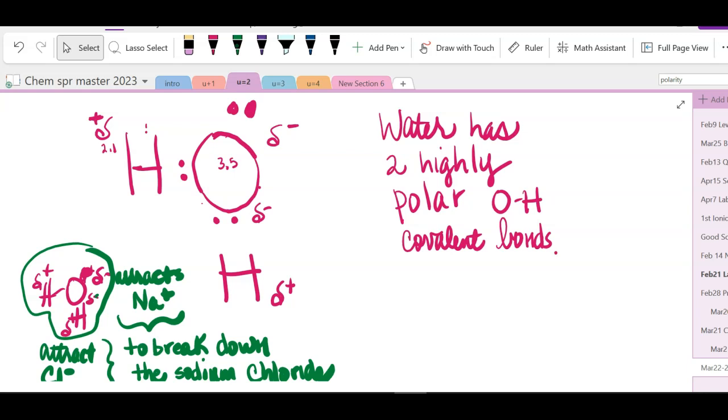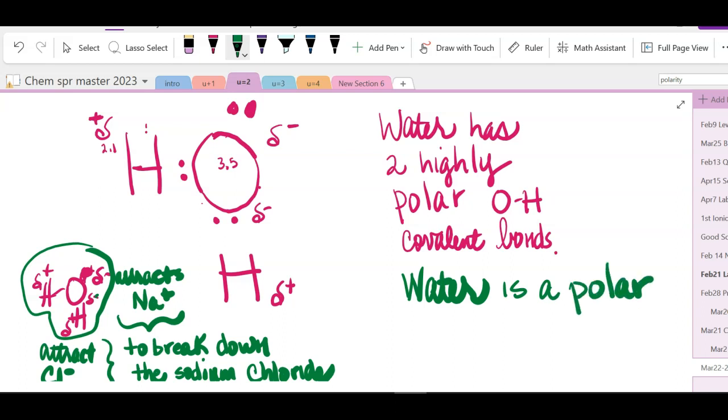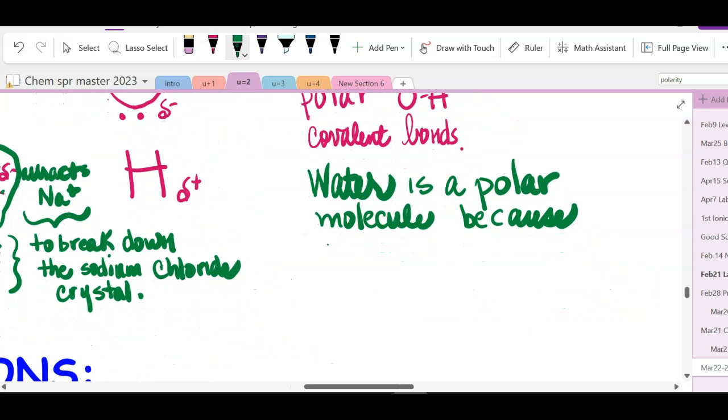So water, because it has 2 highly polar bonds, is a polar molecule. It's made of 2 polar bonds, right? But it's a polar molecule for a different reason, because the molecule is asymmetric.